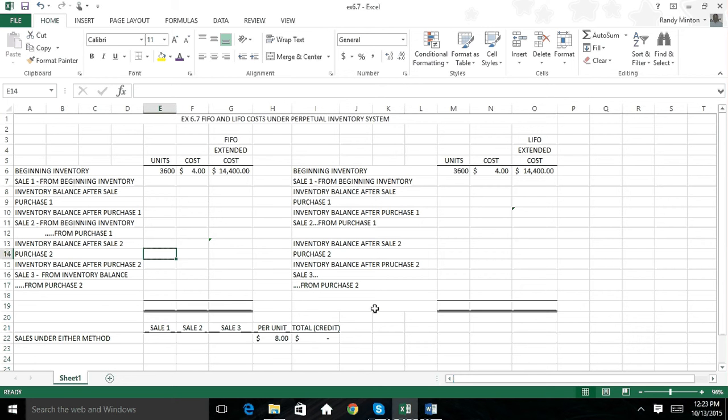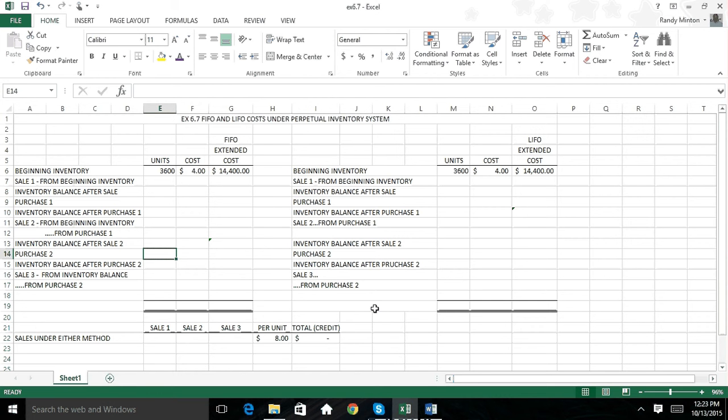Once that was exhausted, we would go to the second purchase and the third purchase, and so on. But what you would see then is that we were always looking at what was left from the previous purchase before we go to the new purchase. So the first ones in would be the first ones out of our inventory under this particular cost schema.